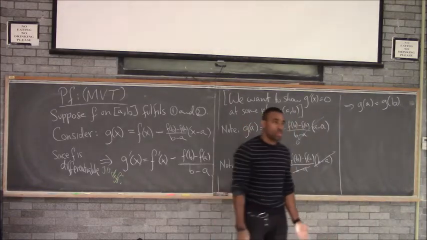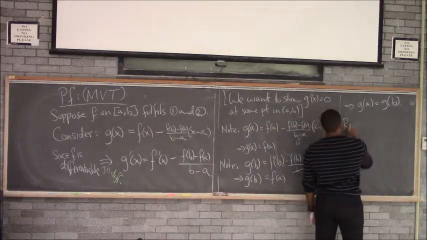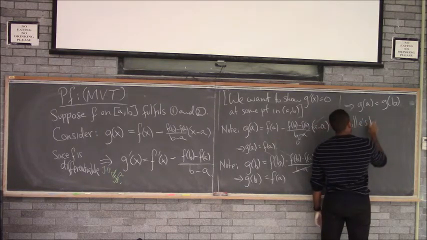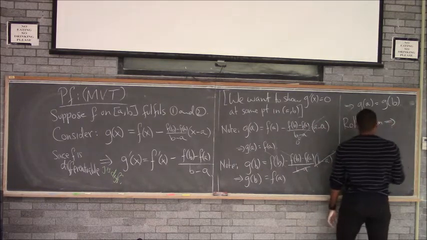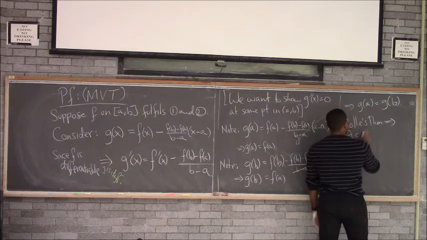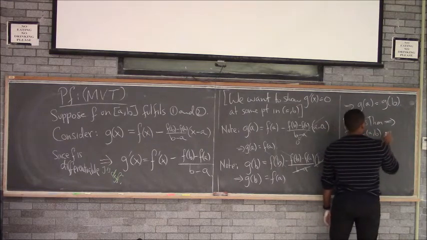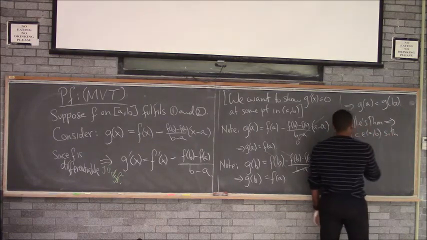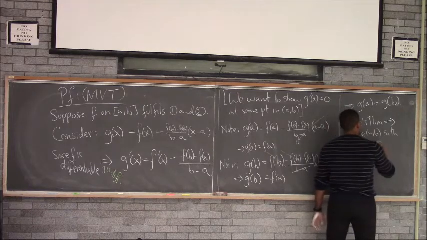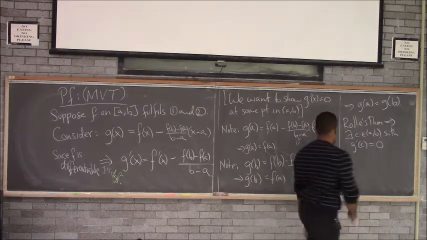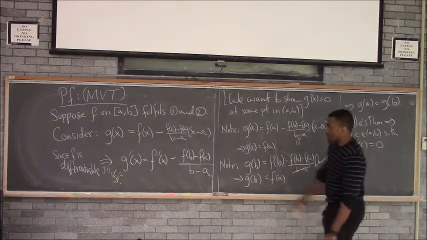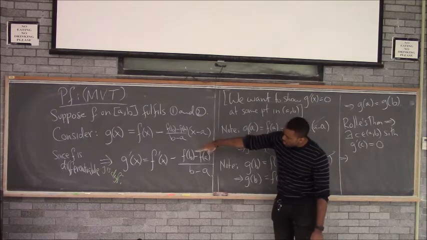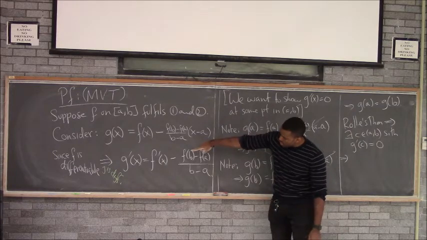Now we can use Rolle's theorem. There is some c in (a, b) such that g prime of c is going to give me 0. This means there is some point x equals c when I plug that in.